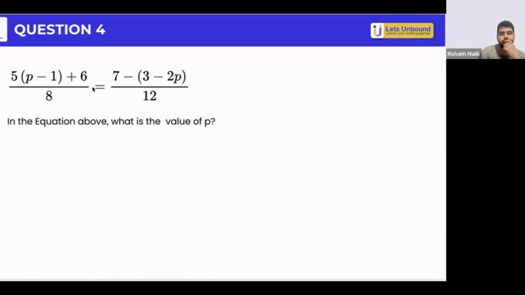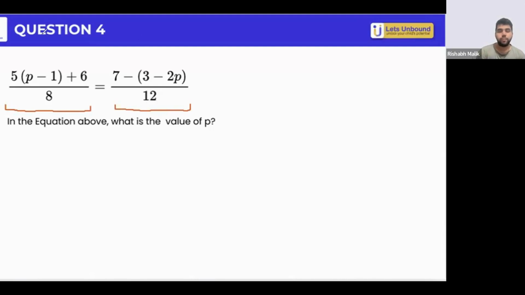So I can put this expression in the first line in Desmos, and then this one in the second line. But there's one problem here. Whenever we put something in Desmos in terms of alphabets, it only takes variable x and y. All the other values are taken as constants. So this p will also be considered as a constant here.